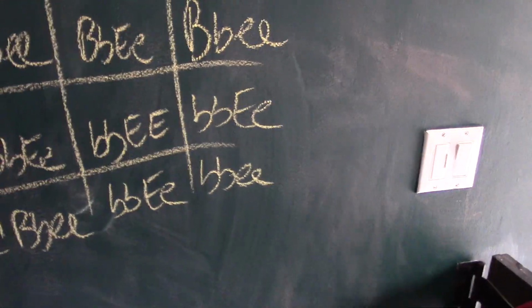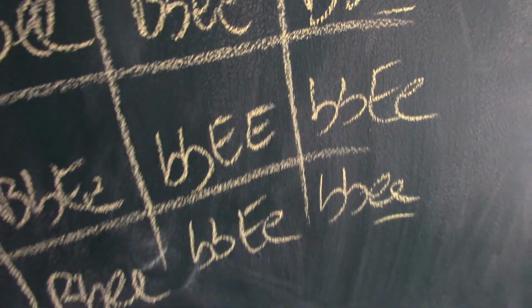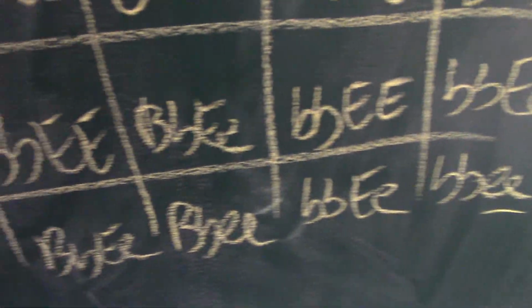So let's do the yellow in yellow chalk. So there's little e here, little e here, and little e here, and little e here. So there should be black to brown to yellow. There will be 4 yellow.